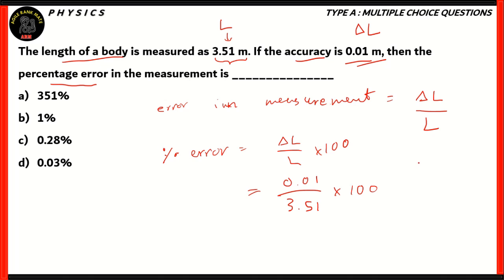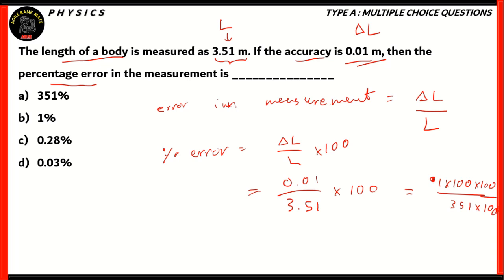So basically we can convert that. 0.01 is 1 by 100. 3.51 is 351 over 100. So basically it becomes 1 times 100 times 100 over 351 times 100.